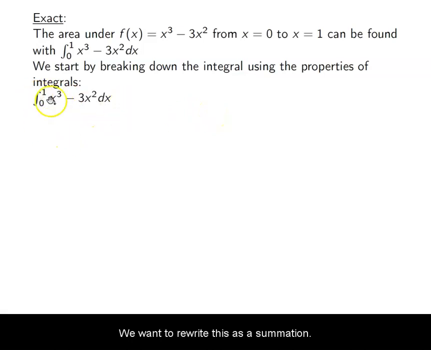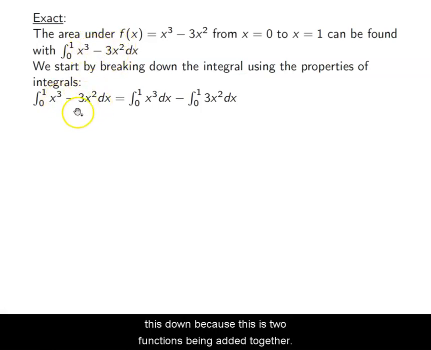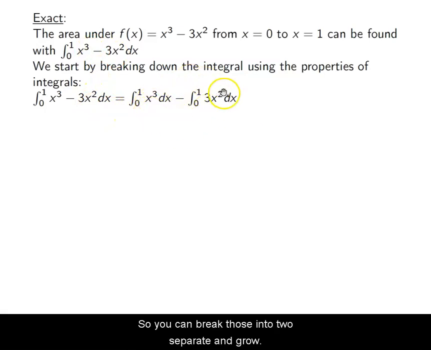So we want to rewrite this as a summation. We can use our properties of integrals first, right? Properties of integrals are the same as the properties of limits and properties of sums, which is that we can break this down because this is 2 functions being added or subtracted. So we can break those into 2 separate integrals.